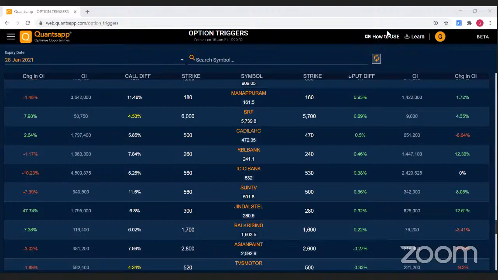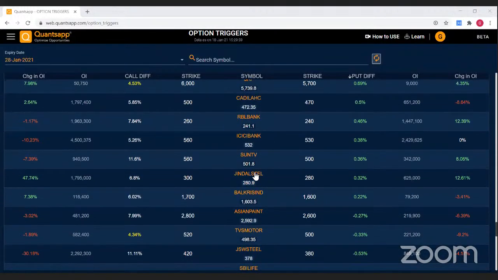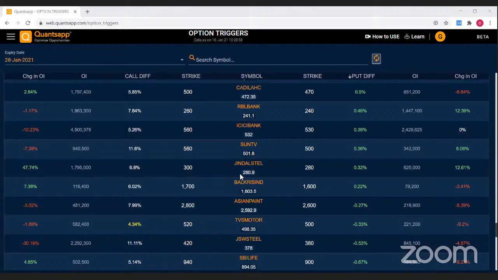Mr. Rajveer has asked a question. Please explain Jindal Steel call and put both sides. So, Mr. Rajveer, it's very simple to look into this data. Jindal is trading, more precisely these are the future prices, 280.1, that's roughly 281, I would say.